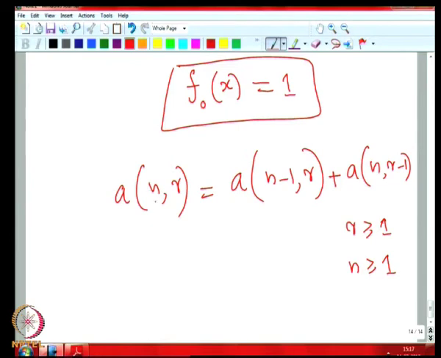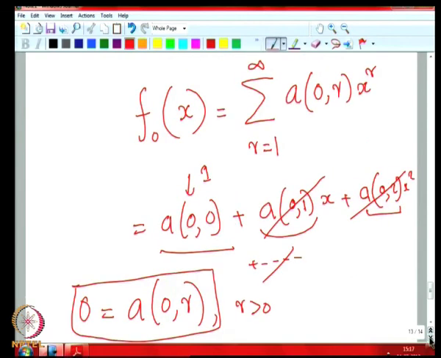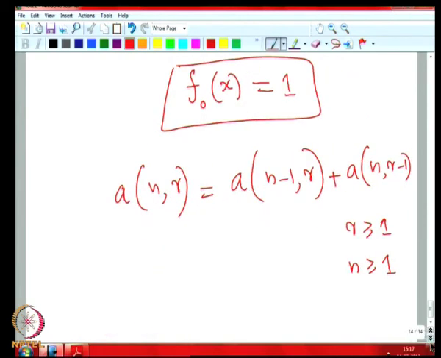So, we will think that n is at least 1. So now what we are going to do is, from this recurrence relation, I will write it once again.